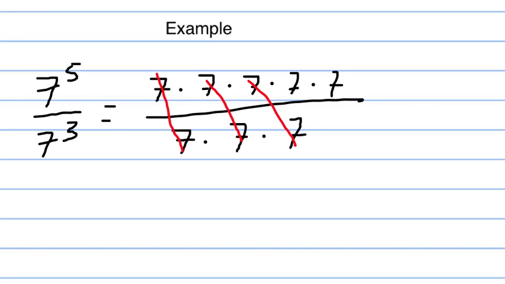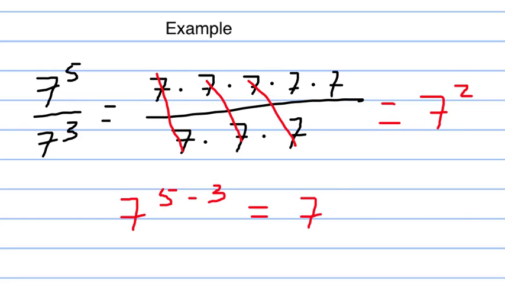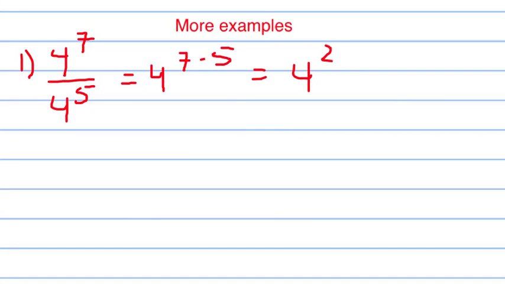Now I have no more 7s in the denominator, so my answer to this problem is 7 squared. So what we're actually doing is taking 5 minus 3 in the exponents and coming up with our answer of 7 squared.